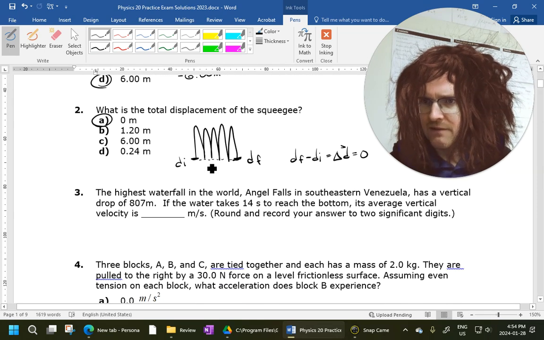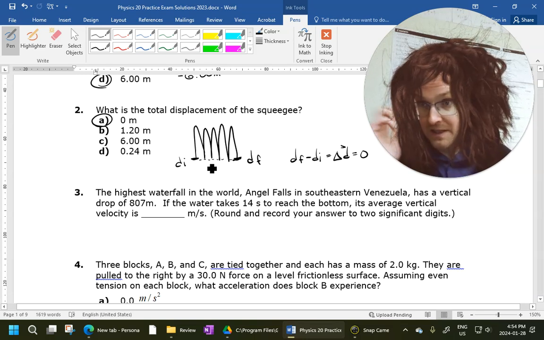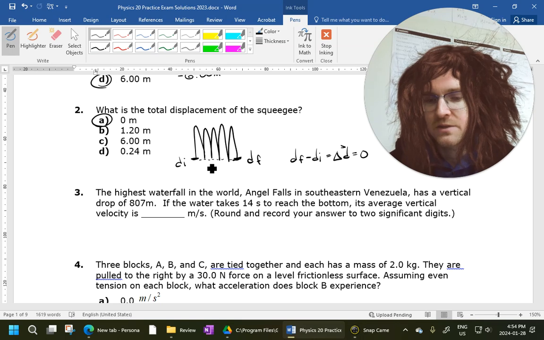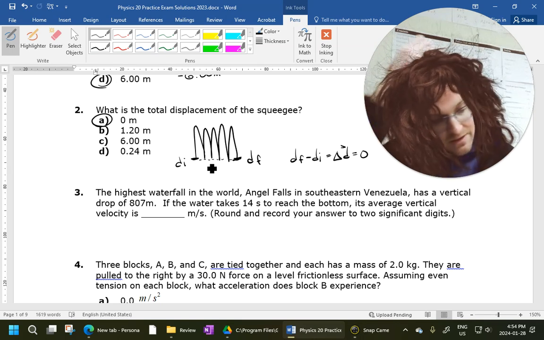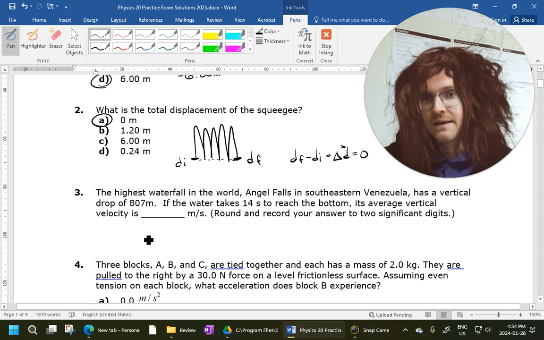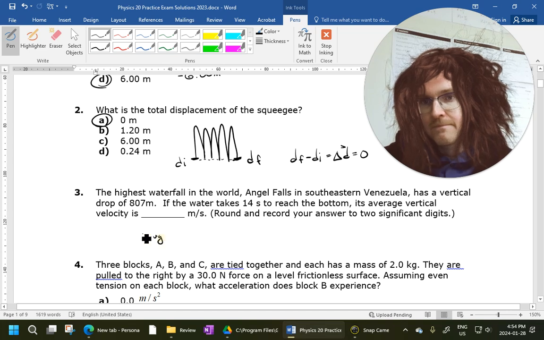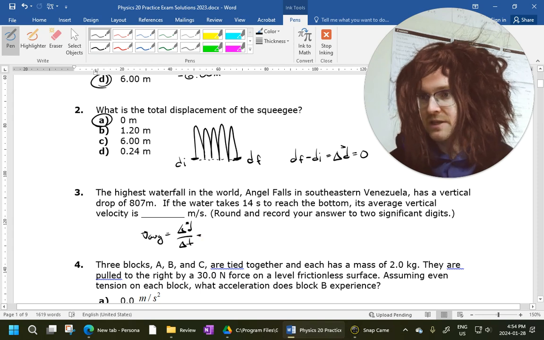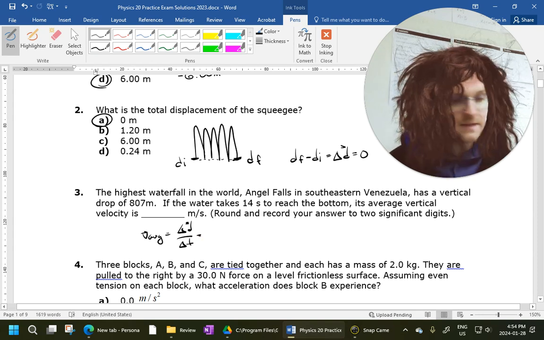It's just going to talk about average velocity here, or average speed. This is vertical velocity, but there's no way to put direction in this question. To do the average speed or average velocity, you just have to take the total displacement and divide it by the total time. I know there's acceleration in here, but they're just asking for this average velocity.